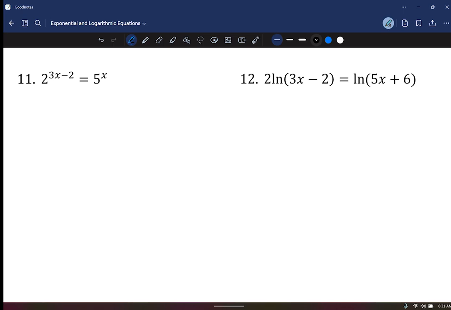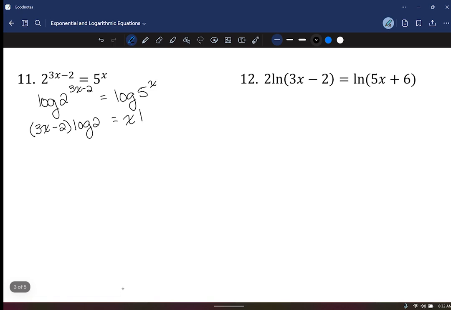So we're going to have to log both sides. So I have log 2 to the 3x minus 2. And I have log of 5 to the x. I'm going to pull those exponents to the front. So 3x minus 2 times log 2.